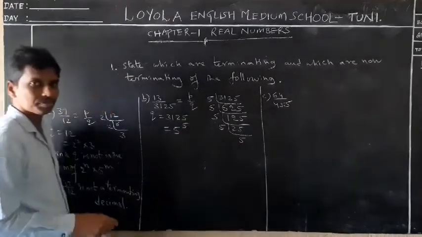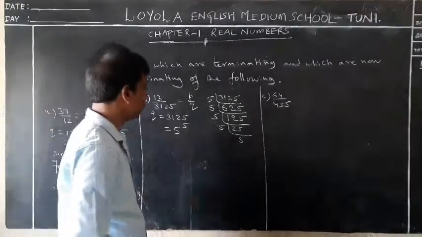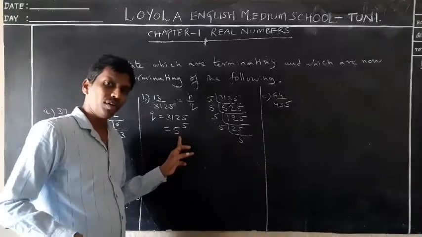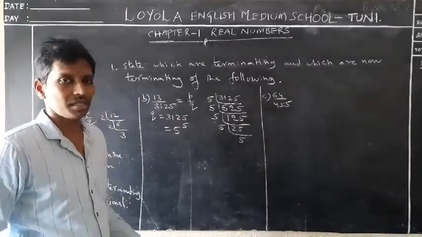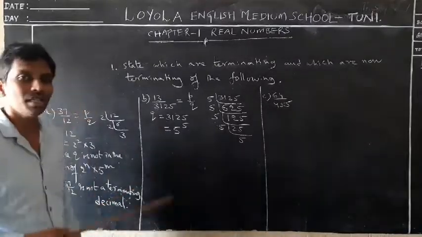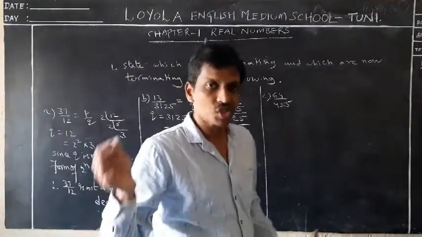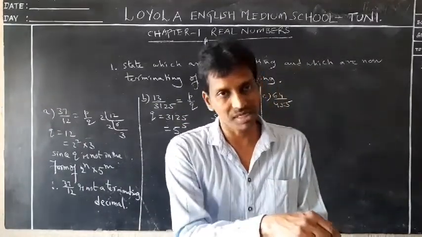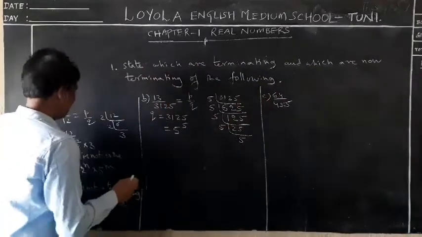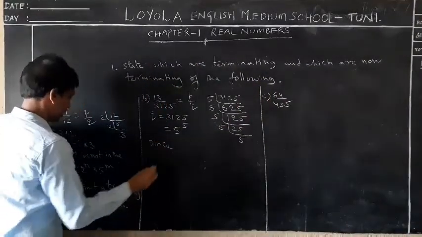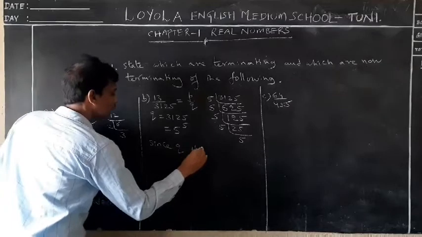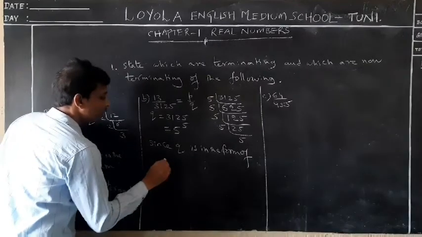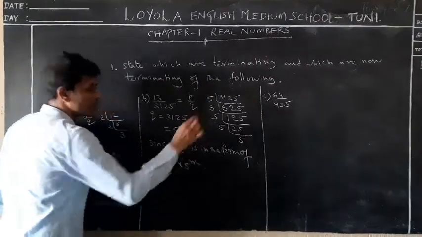Here you see, don't expect that for each and every question both 5 and 2 are present. For some questions only 2 may be present, for some questions only 5 is present, and for some questions both 5 and 2 may be present. So here I am writing: since q is in the form of 2 power n into 5 power n.